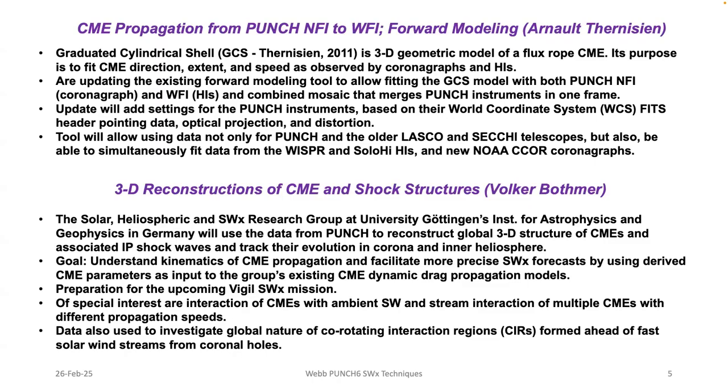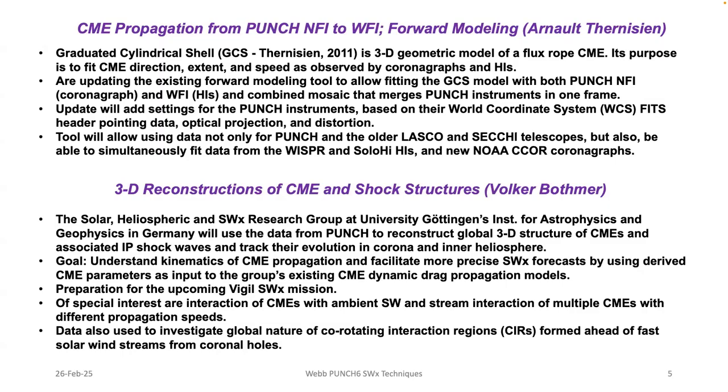Okay. Then Arnaud Thernisien at NRL has forward modeling techniques, which are going to apply to PUNCH by following the CME fronts out through the NFI into the WFI field of view. They have the graduated cylindrical shell model, a 3D geometrical model of the flux rope CME. Its purpose is to fit the CME direction, extent, and speed. We've seen examples of this already at the meeting. They're updating this forward modeling tool to use with the PUNCH data and the combined mosaic.